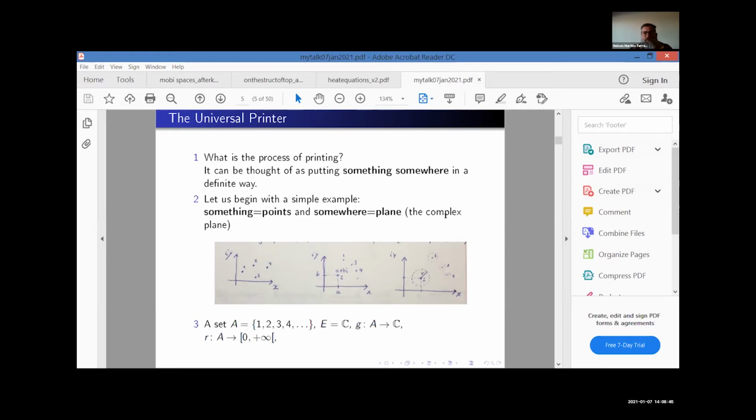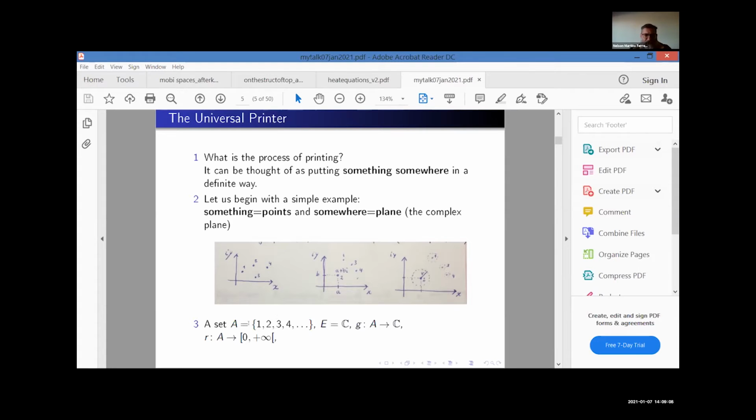Let us suppose we are considering the complex plane of complex numbers for definiteness. And so it is just a bunch of points. It can be modeled as a set of numbers with a geometrical interpretation or realization.